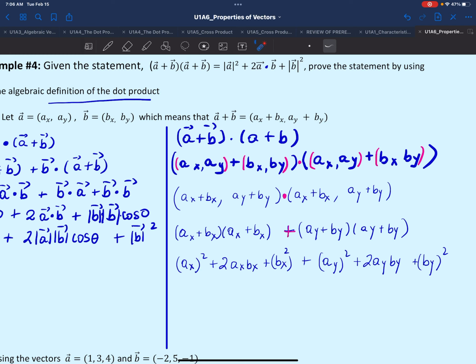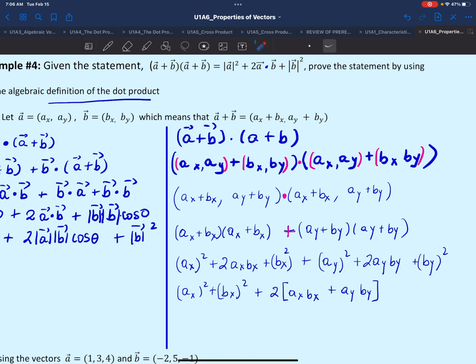So we're going to combine the terms. So we have AX squared plus BX squared. And then we have 2AX BX, 2AY BY. So we'll say 2 times AX BX plus AY BY.